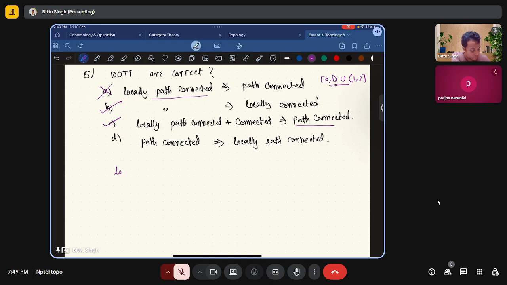So we have seen that for a locally path connected space, the connected components are equal to the path components.